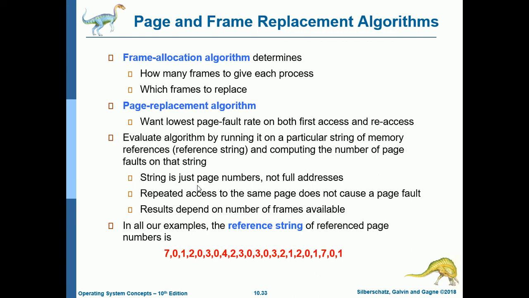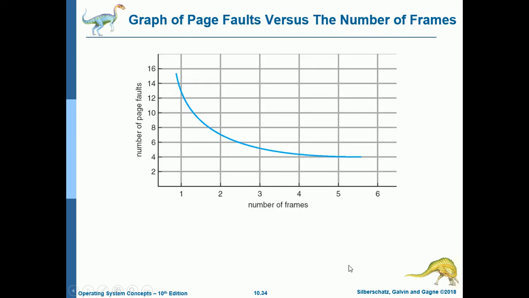For a page replacement algorithm, repeated access to the same page does not cause a page fault, especially if the page is already in memory. Results depend on the number of frames available. In all our examples, the reference string of page numbers is this one. Here is a graph of page faults versus number of frames.